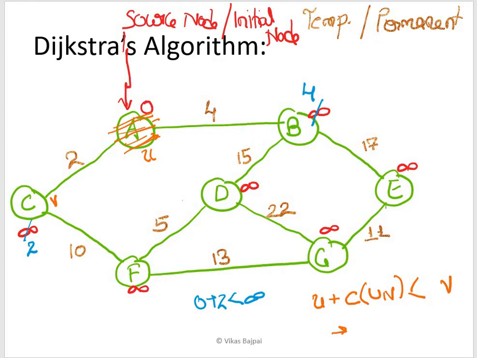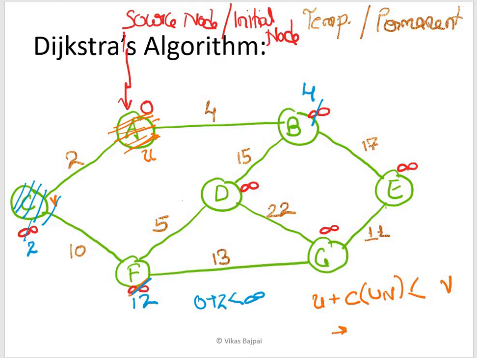Now we are left with the rest. So I have weight 2, I have weight 4, and the rest is infinity. So I'll start with this one. 2 plus 10, which is 12. So here I'm going to update it as 12. Now I am done with this.